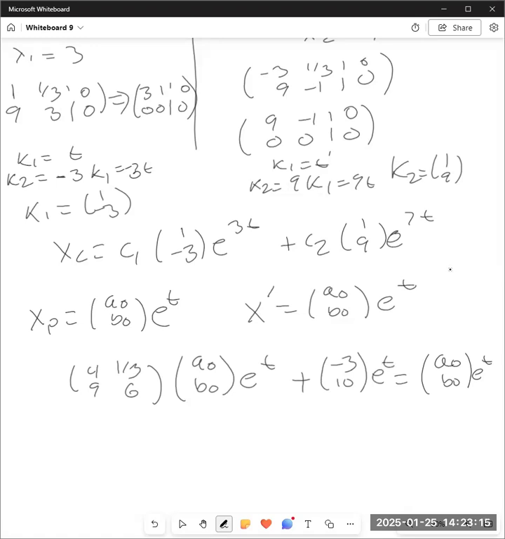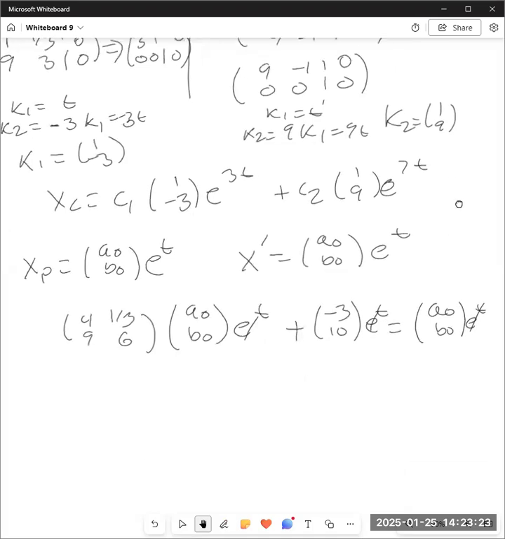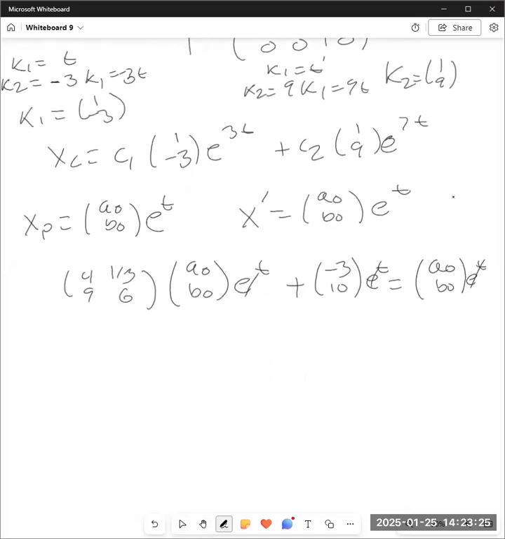So really this e to the t, which is never 0, I can just ignore in my solution, kind of divide it out. This makes 4a0 plus b0 minus 3 equal to a0. And then I have 9a0 plus 6b0 plus 10 equal to b0.